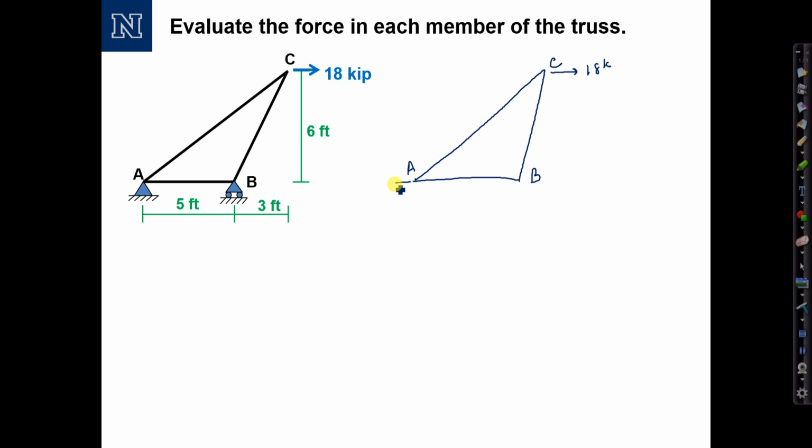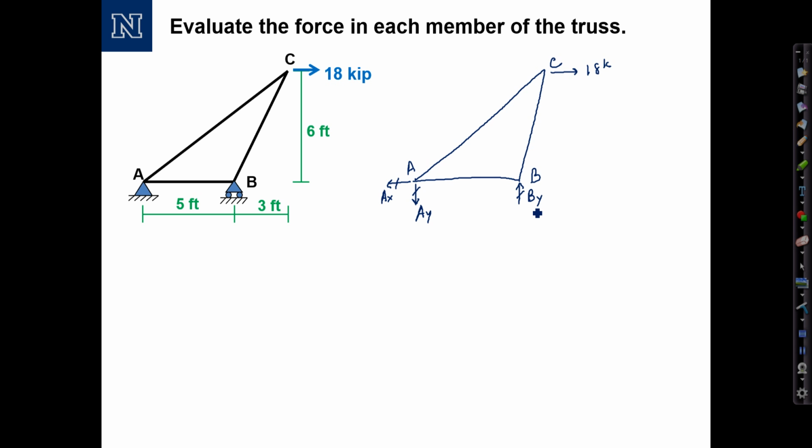I can see that A sub x will be acting to the left to balance out the load that's acting to the right. I can also see that A sub y will be acting downward because it's going to balance the moment about point B due to the load. If A sub y acts downward, B sub y must act upward.